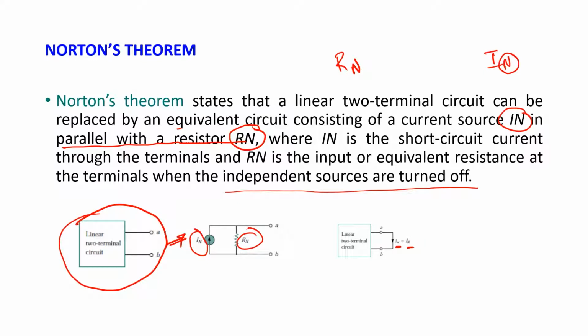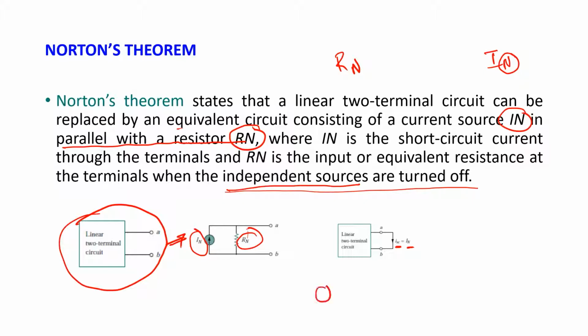Norton's theorem statement says that a linear two-terminal network can be replaced by an equivalent circuit consisting of a current source IN in parallel with resistor RN, where IN is the short circuit current through terminals A and B, and RN is the input or equivalent resistance at the terminals when independent sources are turned off. Independent sources turned off means what? When we find RN, all independent sources must be turned off.